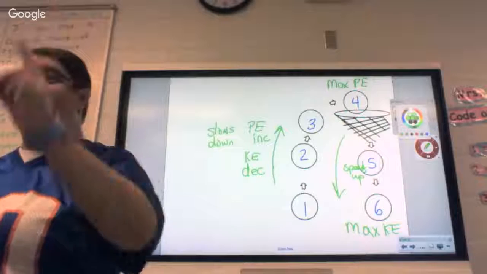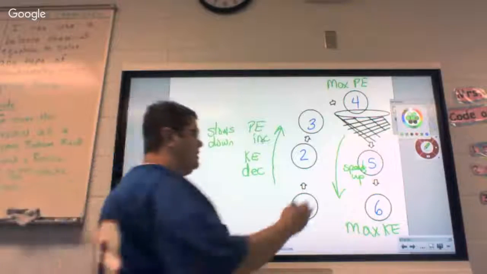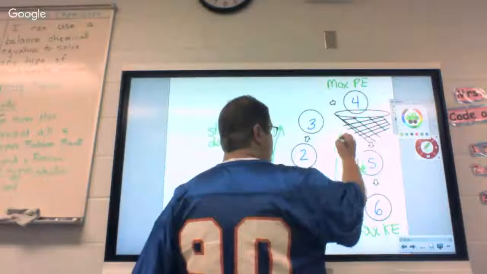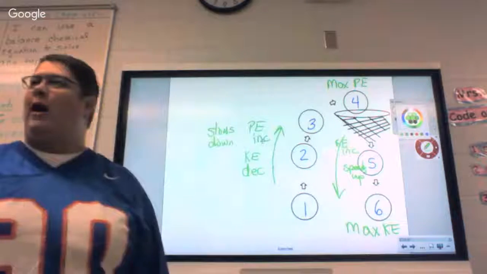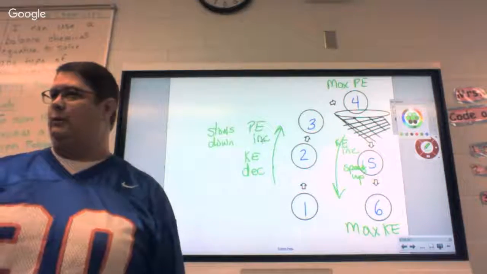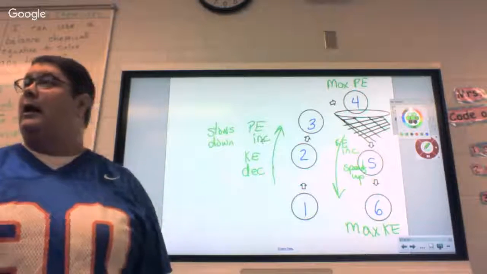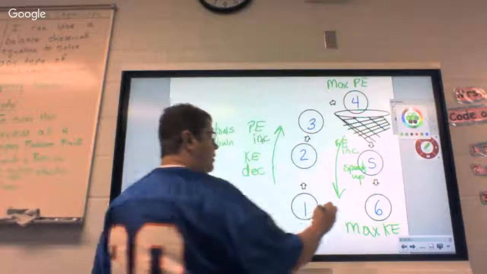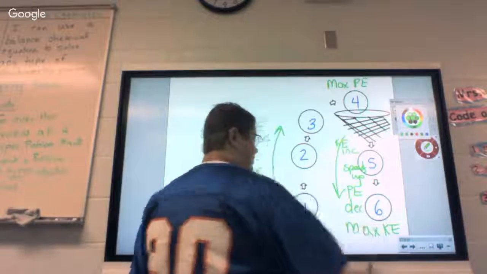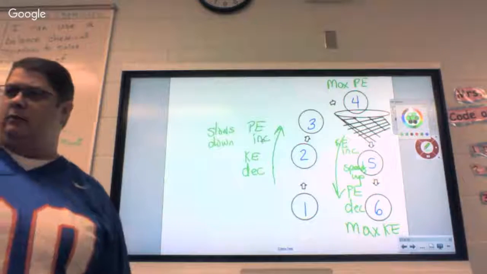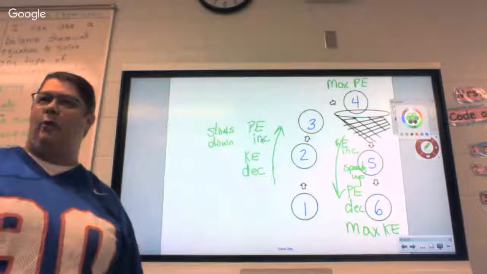Is it increasing or decreasing? It's increasing. So kinetic energy increases. Now, what's happening to the height? It's decreasing. So potential energy decreases. Okay? Now, we need to try one more.